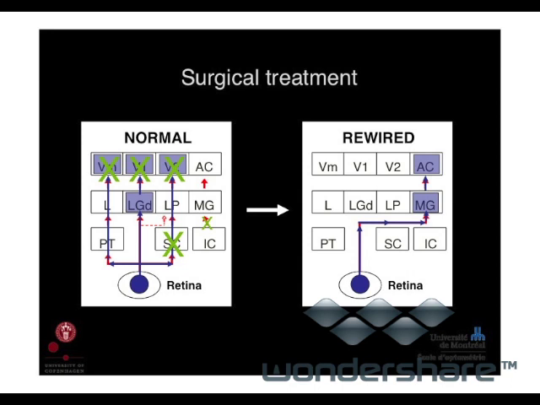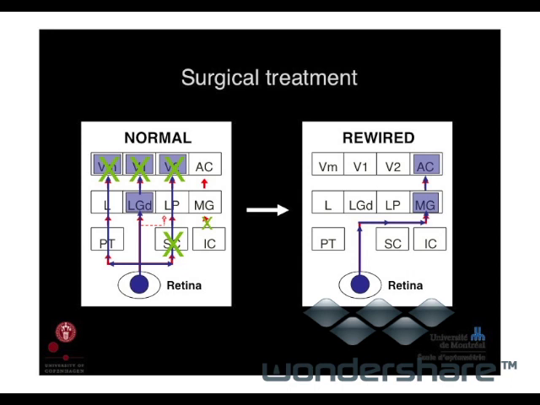If you do some lesions, for example ablating the superior colliculus and cutting the brachium of the inferior colliculus to make room in the medial geniculate, you can force projections from the retina to go to the auditory cortex via the MGN.